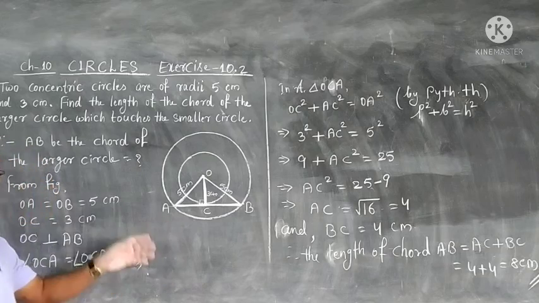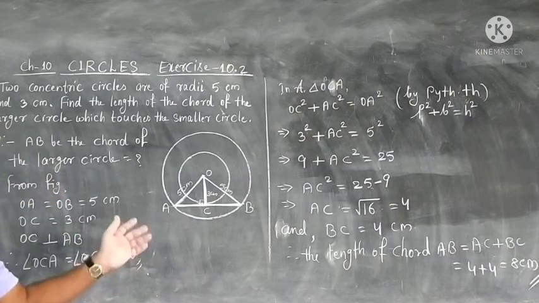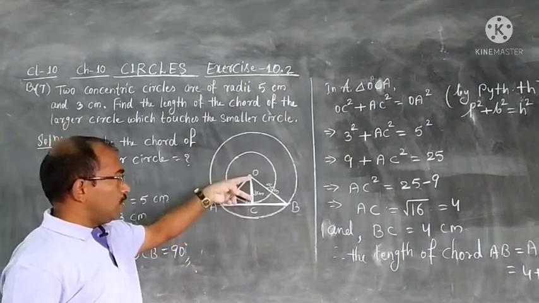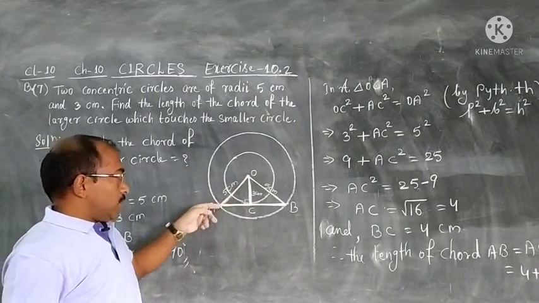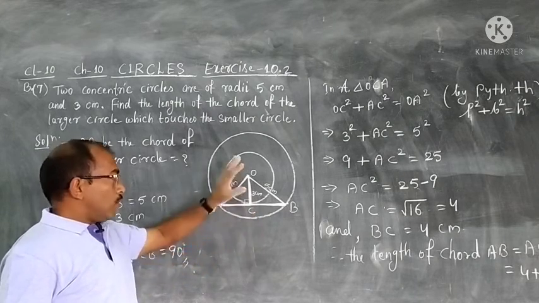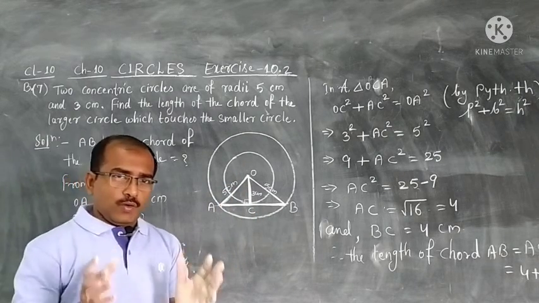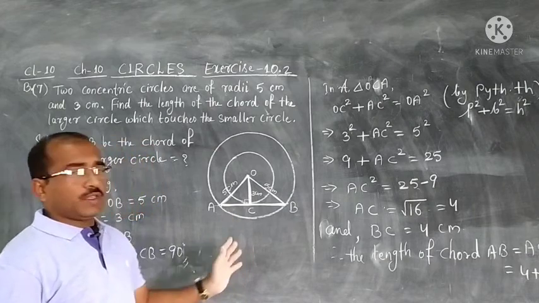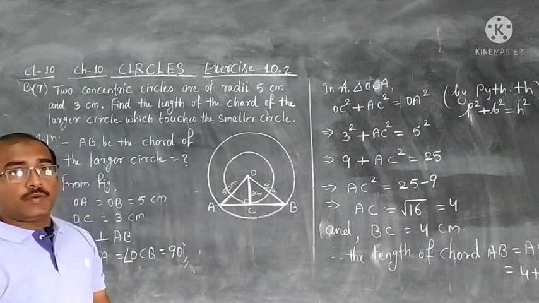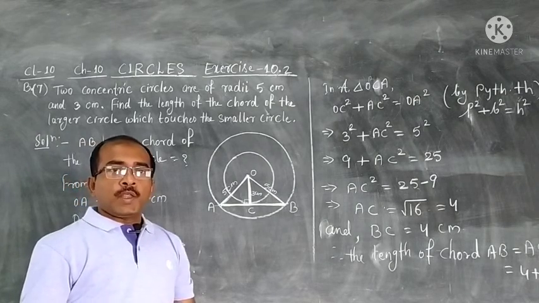It is simple, but we need to know all the properties, otherwise we will not be able to do it at all. Remind yourself what concentric circles are, what the property of tangent and radius is, what the Pythagoras theorem is, what a chord is. The solution is very easy, but if we forget even one property anywhere, we will not be able to get the solution.